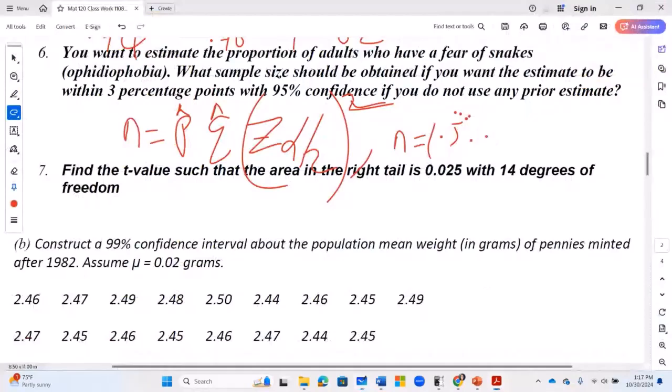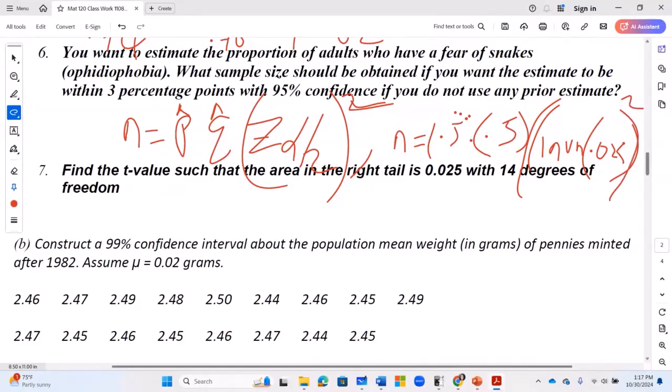So I have times 0.5 for q, and inverse norm of 0.025, and I have to square this quantity. So I'll start from inverse norm to calculate.